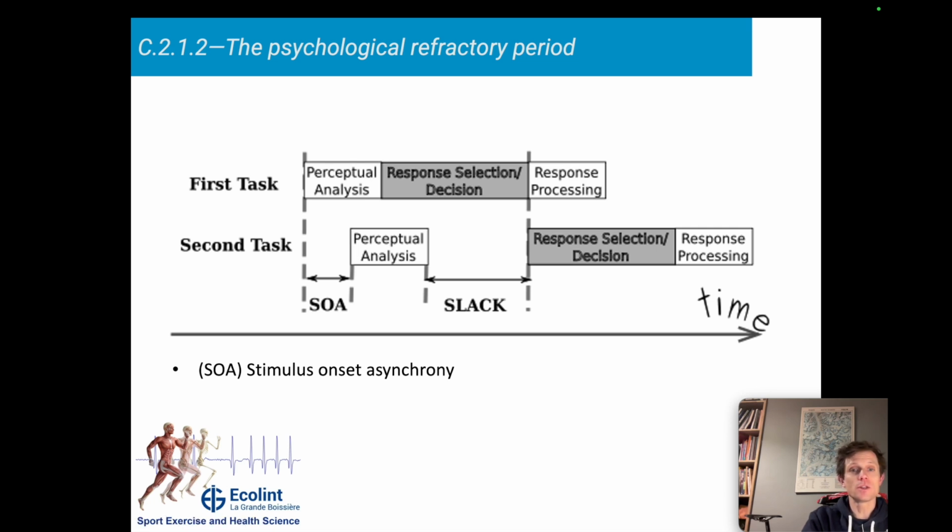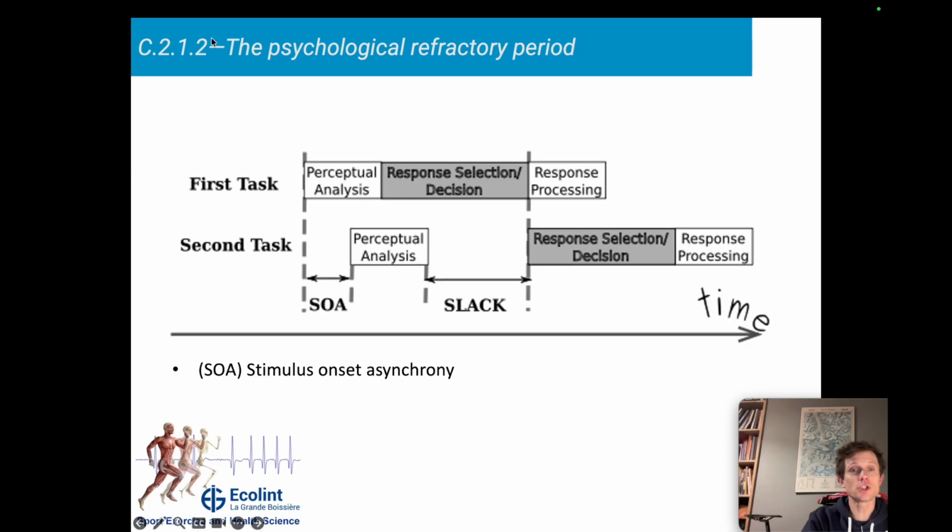Just so you know, the SOA is the stimulus onset synchrony. That's the time difference between the first stimulus and the second stimulus. This is quite important because if this is too short, it means that the person has only just started to perceive the first stimulus and then can switch very quickly onto the second stimulus without much of a refractory period.